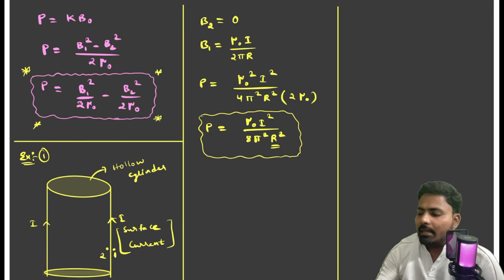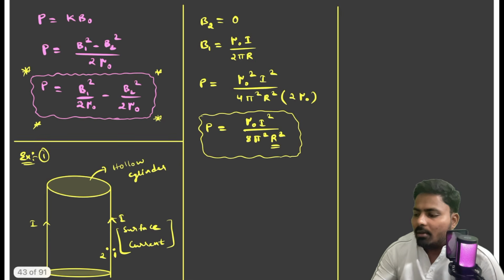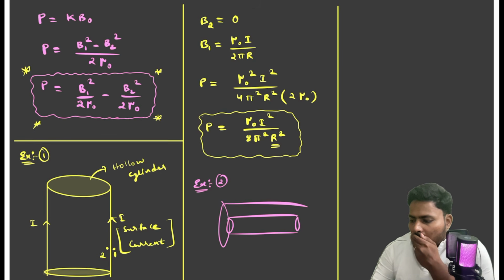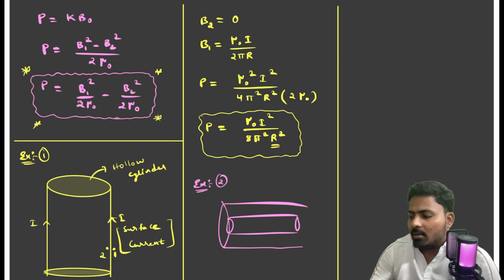Similarly, I can take up one more example. Another example I can give is this one. Let me consider there are two cylinders like this.